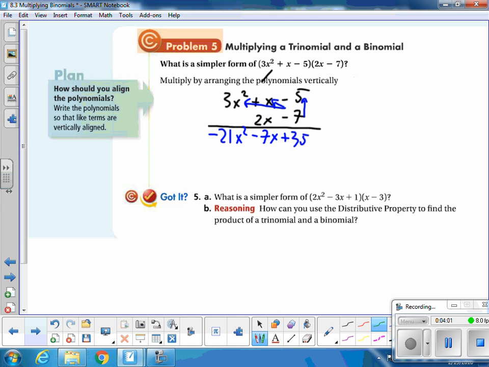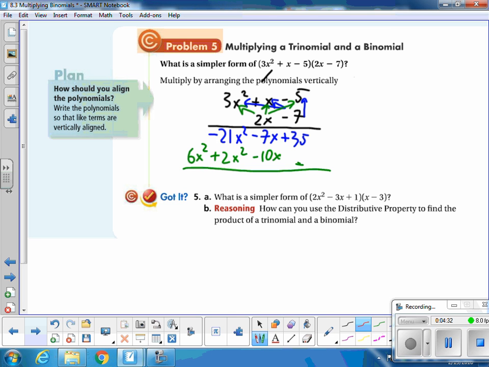Then I skip a term like I would normally do when I'm multiplying, looking at the tens place. 2x times negative 5 is negative 10x. 2x times x is 2x squared. And then my last term, 2x times 3x squared, would be 6x cubed. Plus there. And I bring all of these together.